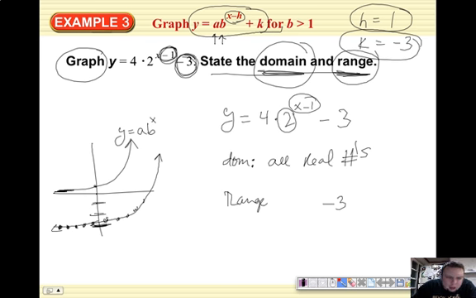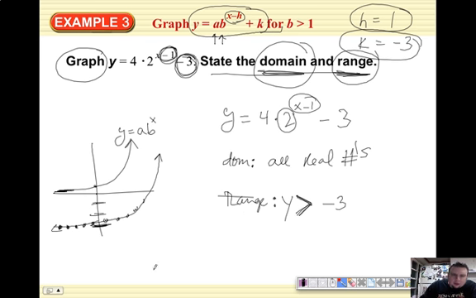They keep going up. Negative 3, negative 2, negative 1, 0, 1, 2. They're going up. So all my y values are what? Greater or less? Well, look at this thing. It's up here, right? It's above negative 3. So greater than negative 3.